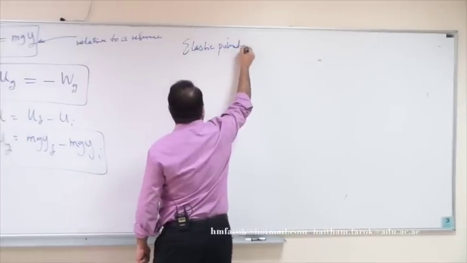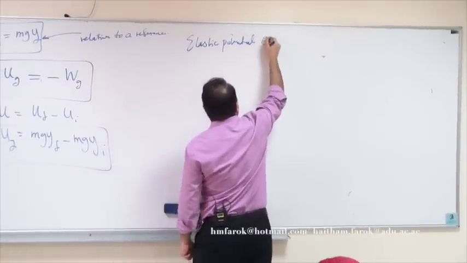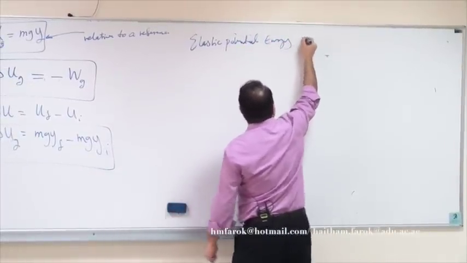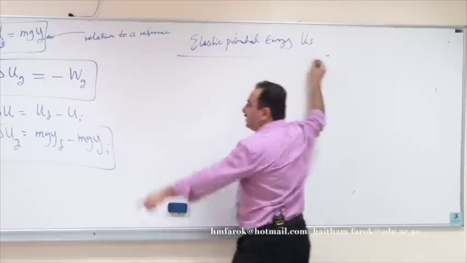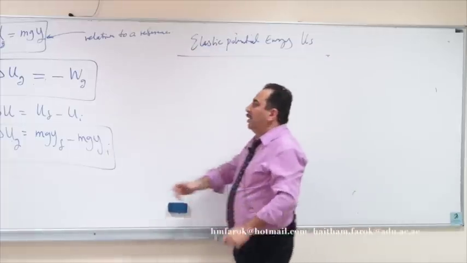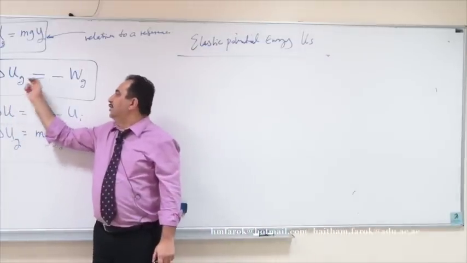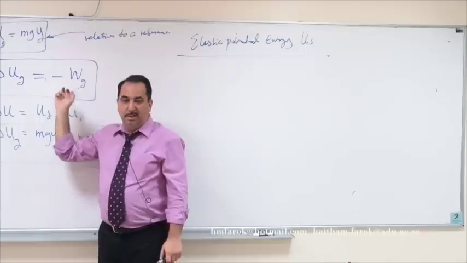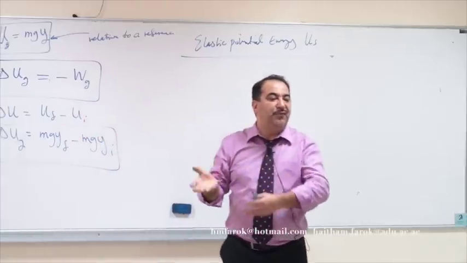So now, elastic potential energy, U sub S. We'll use the same argument. In gravity, didn't we say delta U is minus work? Now here, think of this equation for a spring.